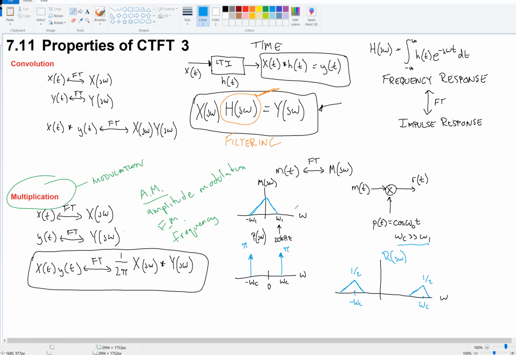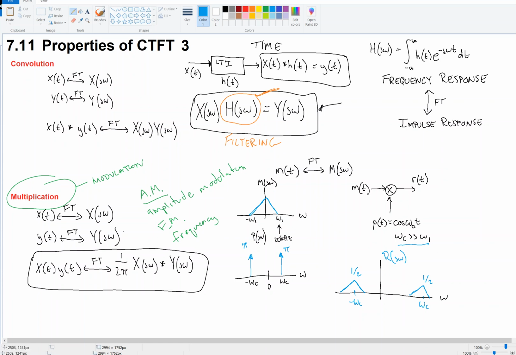So this means now our original message, half of its energy has been modulated up to the carrier frequency, and half of its energy has been modulated down to minus omega c. All right, and then it's this that gets transmitted.